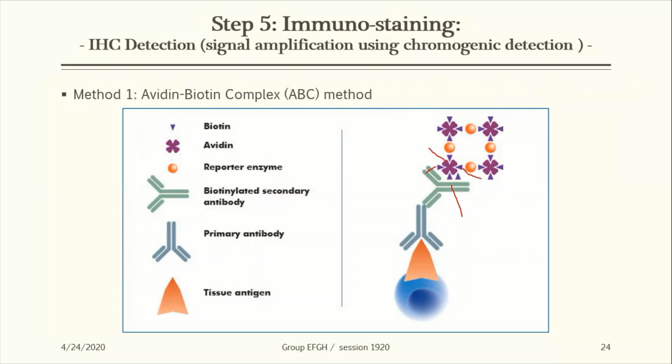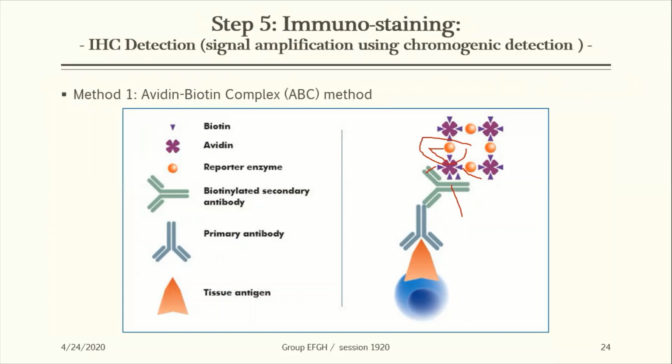When biotin binds to avidin, they form the avidin biotin complex. They are often conjugated with enzymes such as horseradish peroxidase enzyme, and these enzymes will usually link these avidin complexes together.